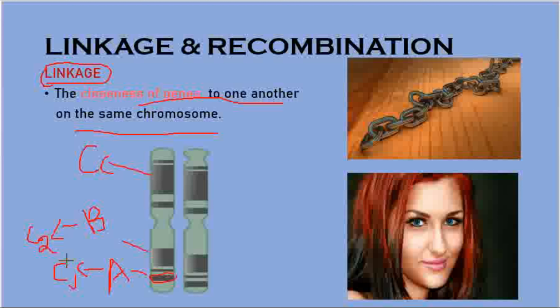For example, eye color and hair color tend to be inherited together. Phenotypically, say C1 is a character for eye color, so eye color and hair color will be the same in the parent and the offspring, because these genes are close to each other and have a linkage in the chromosome.